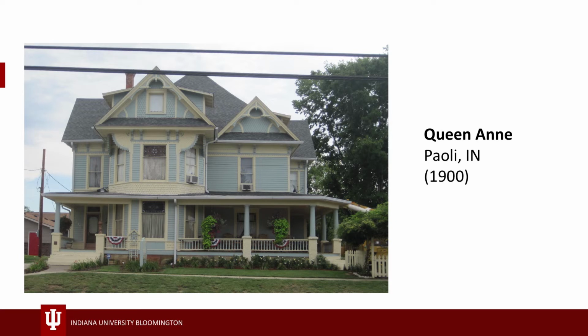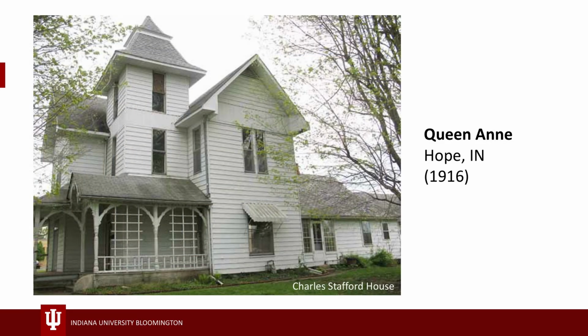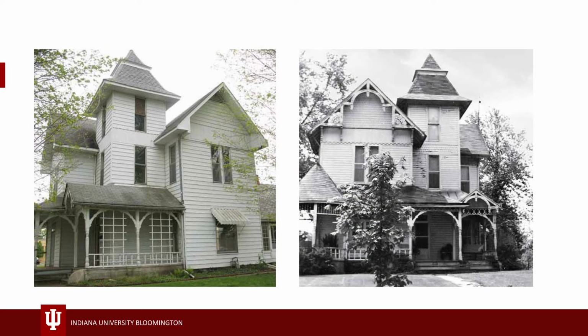persisted. The fancy trim was adopted by many folk houses, but the problem of survival that we discussed in our first vernacular architecture lecture remains. This Queen Anne-style house from Hope is a gable L with an added tower and fancy fretwork. But it's fairly tame, at least compared to how it looked when it was first built in 1916.